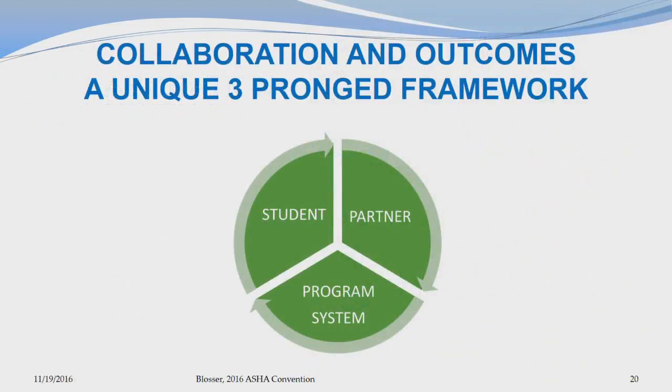So I look at collaboration and outcomes in a very unique way. We're used to looking at outcomes being about kids' outcomes, right? How much did he functionally change from when you started treatment to 6 months later, a year later, end of year report, whatever your marking points are, monthly, whatever it is, we're looking for change in the child.